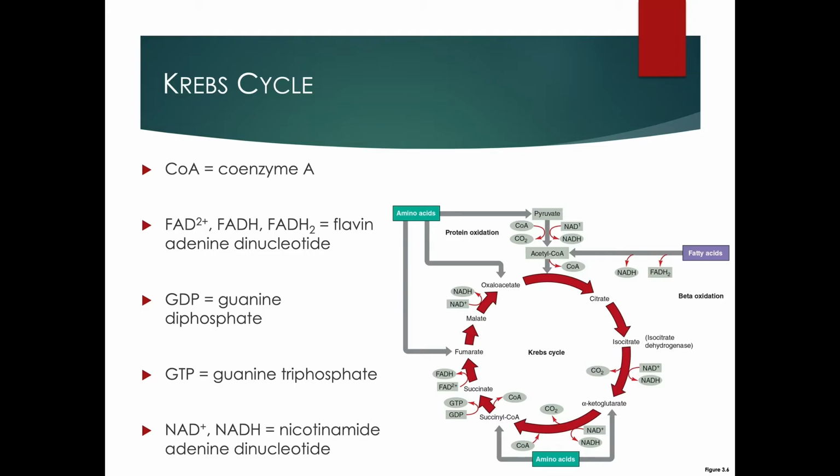Okay, so you get acetyl-CoA coming into the Krebs here, which is fine, but you need oxaloacetate to get the whole cycle going.